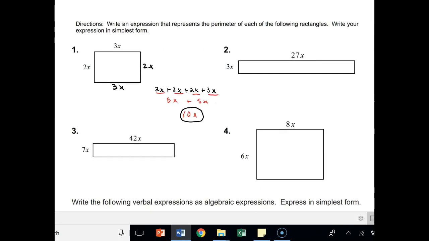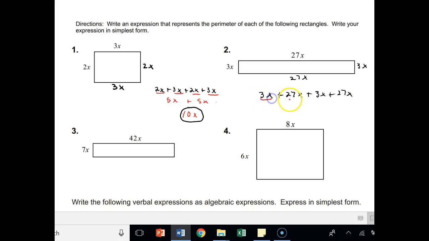On the back side, just like we did in the notes, you're going to write an expression that represents the perimeter. That means adding up all the sides of that rectangle, and then write the expression in simplest form. So on number 2, if I have 3x and 27x, then I say, oh, this is 3x, and this is 27x, and then my expression is simply all the sides added together. So 3x plus 27x plus 3x plus 27x.